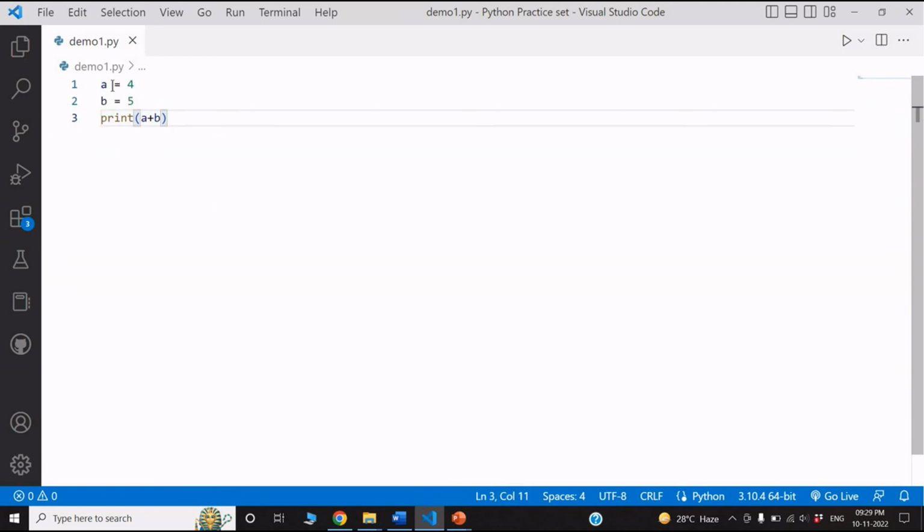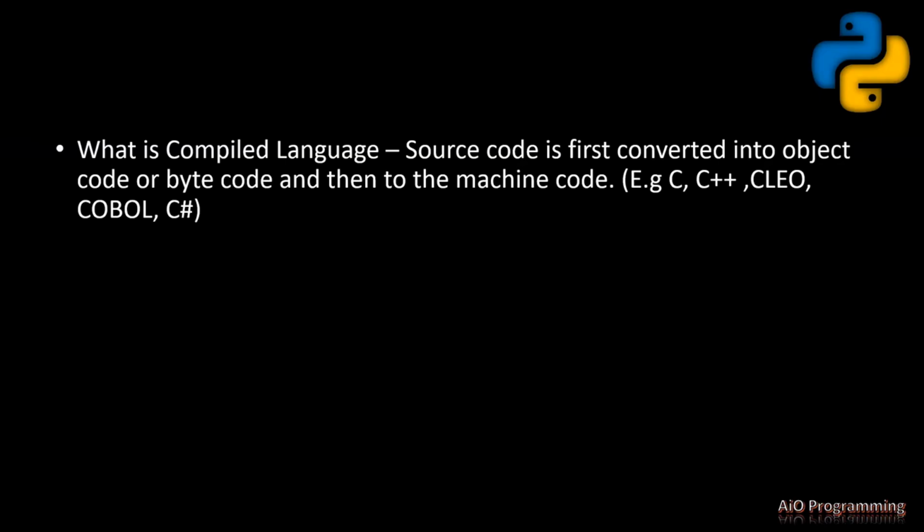It does not execute line by line; it directly converts all these lines at once. Examples of compiled languages are C, C++ and others.